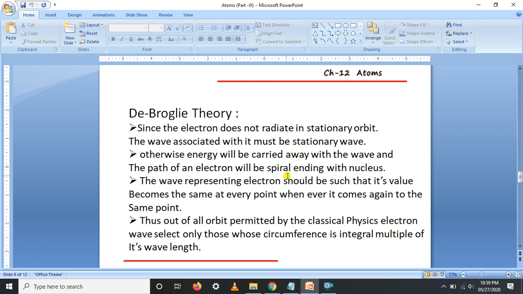Then after that, according to de Broglie theory, the energy will be carried away with the wave and the path of the electron will be a spiral ending with the nucleus.